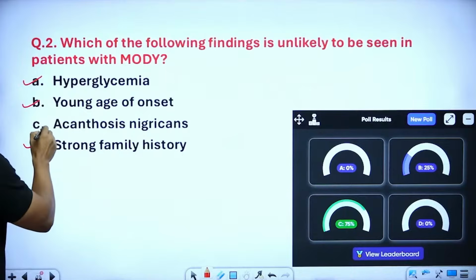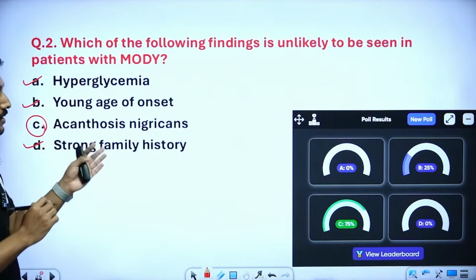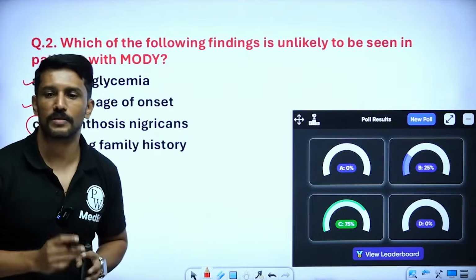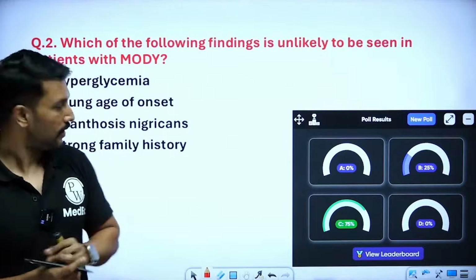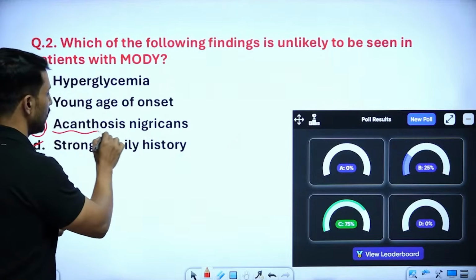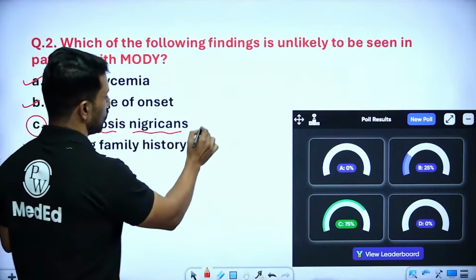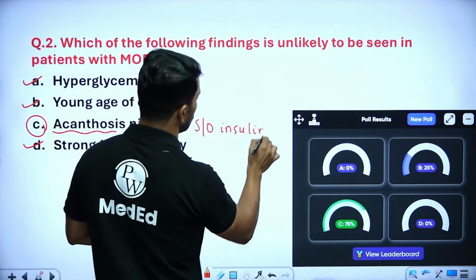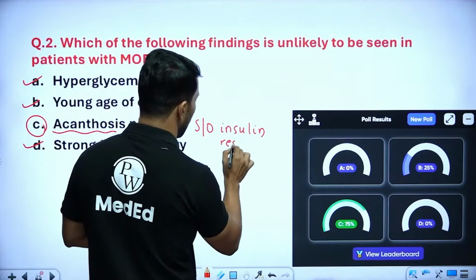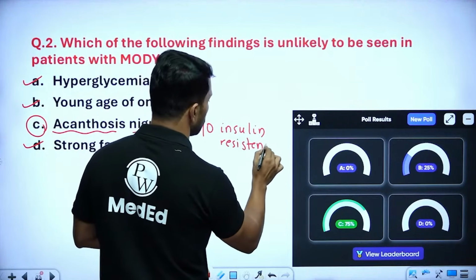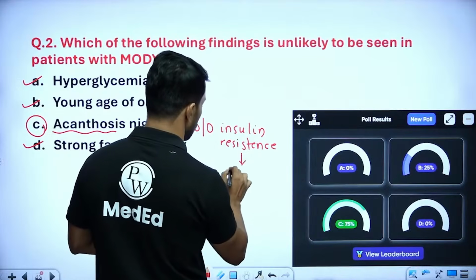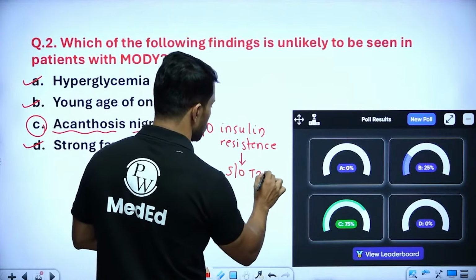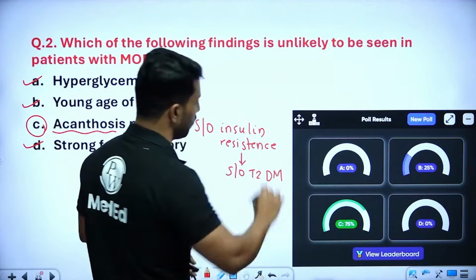But acanthosis nigricans is a sign of insulin resistance, and there is no role of insulin resistance when it comes to the MODY, right? So that's why the answer here should be acanthosis nigricans, because this is suggestive of insulin resistance. And if I get any individual with hyperglycemia and acanthosis nigricans, what should be my diagnosis? Thus, it will be suggestive of type 2 diabetes mellitus, right?